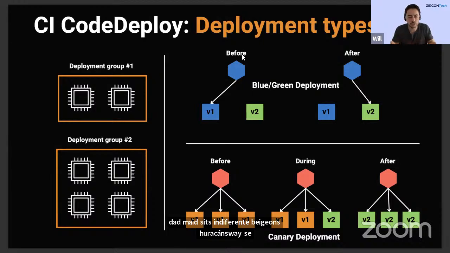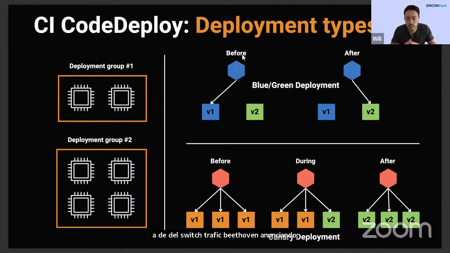This usually will be just a single deployment group, but it also supports that complex type of configuration. And once we define that, we can decide how this deployment will happen. And here we mention the two most typical strategies. These are very simplified graphics, but one of them is blue-green deployments, where we will create a new replica of our environment, running the new version, and then switch traffic between the two, usually with the help of a load balancer.